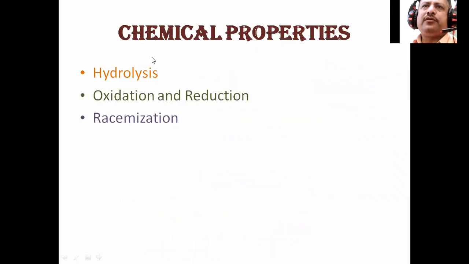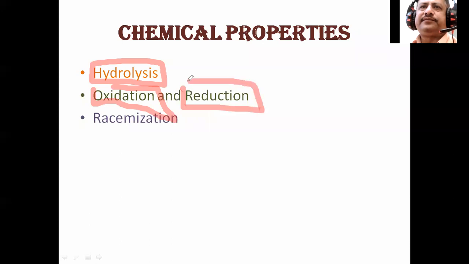So today we are going to discuss the three main chemical properties of a drug molecule: firstly hydrolysis, then oxidation and reduction, and lastly racemisation.